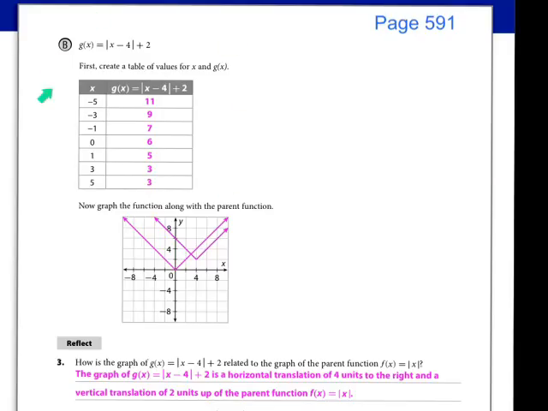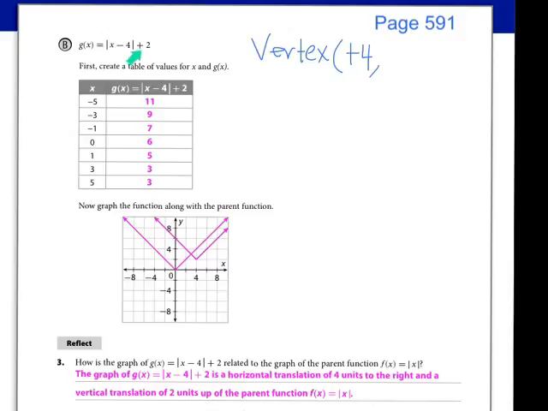Okay, I'm going to talk about part B here, and this is on page 591 of your textbook. So let's talk about what we just learned about our vertex. So if we look here, we have a negative 4, and I'm supposed to be changing that. So my vertex is going to be positive 4, comma.